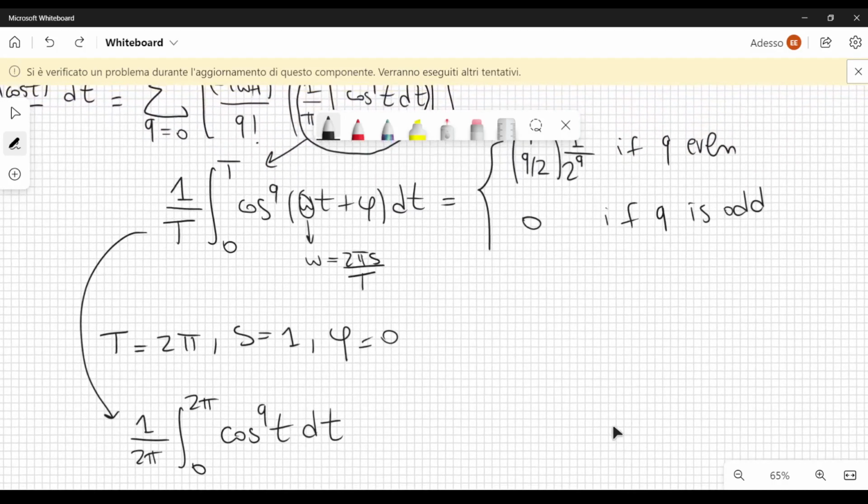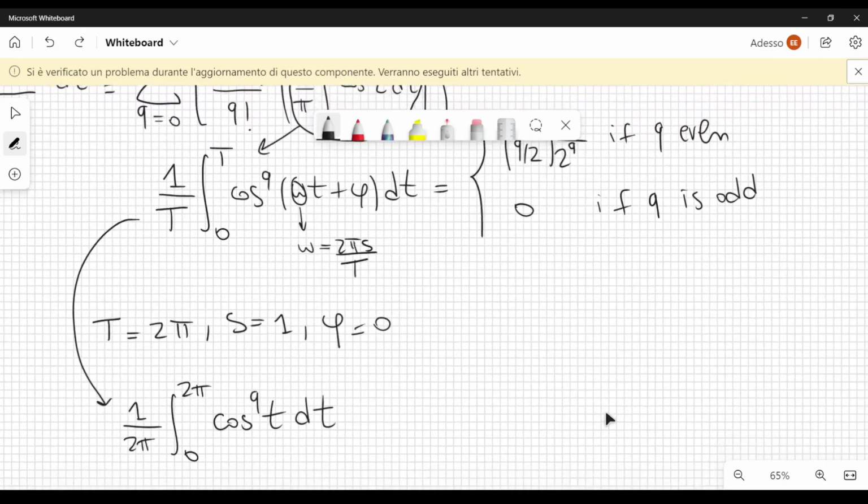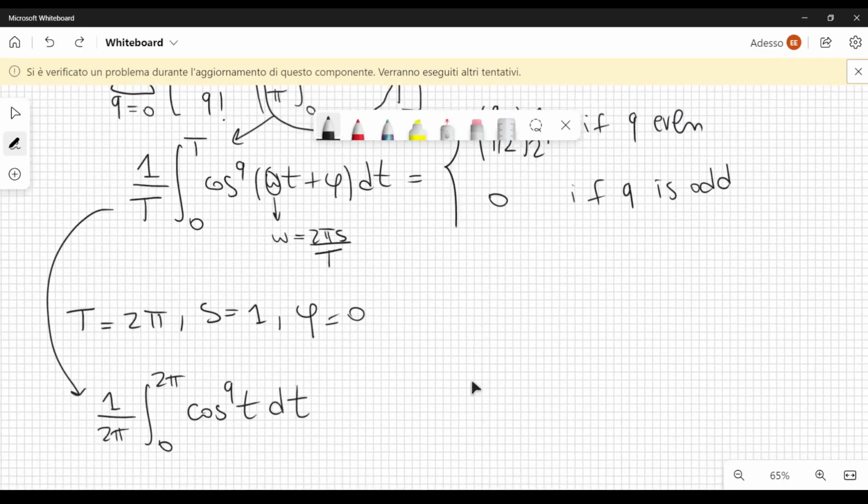And now let's consider the even q's, because I'm not really interested in odd q's since the result will be 0. So if q is even, you can easily understand that this integral here from 0 to 2 pi will be the same. I mean, it will be twice.